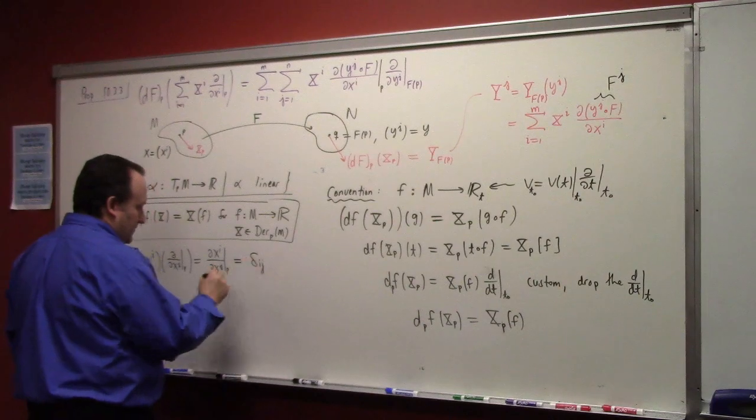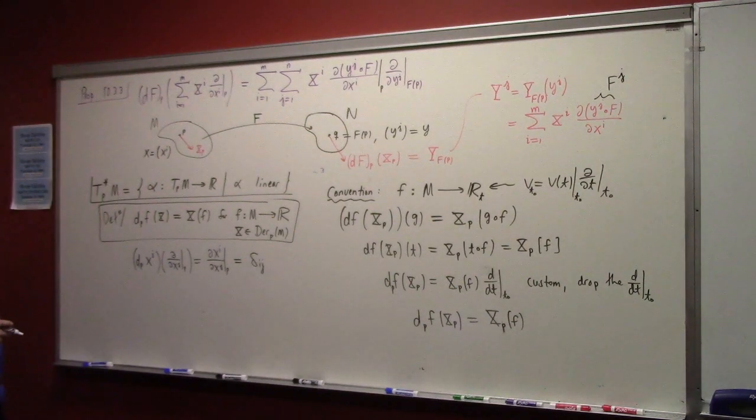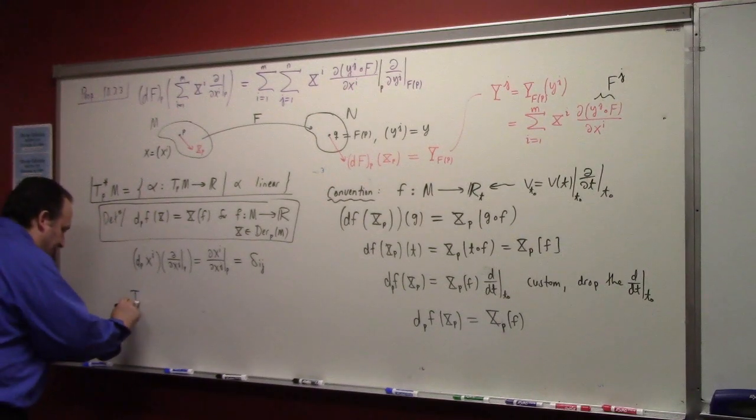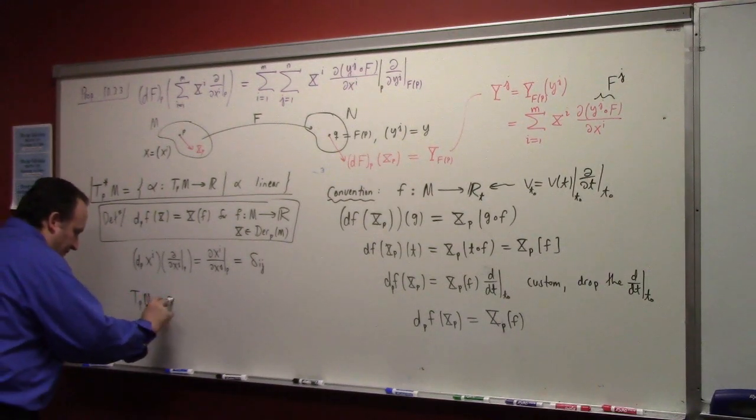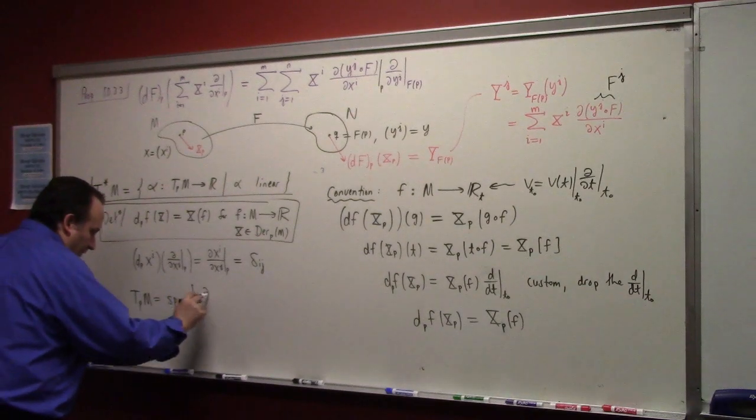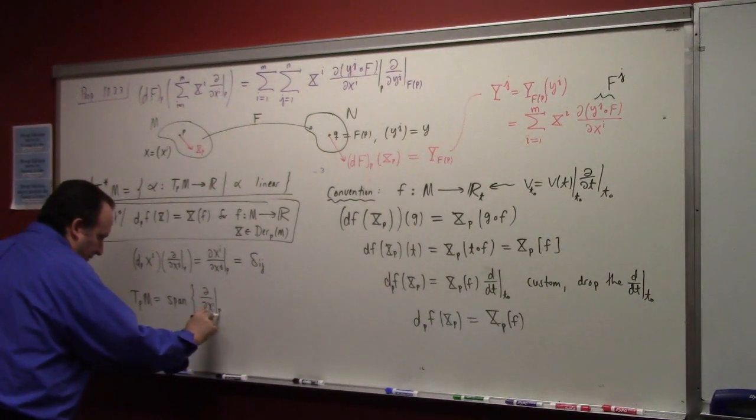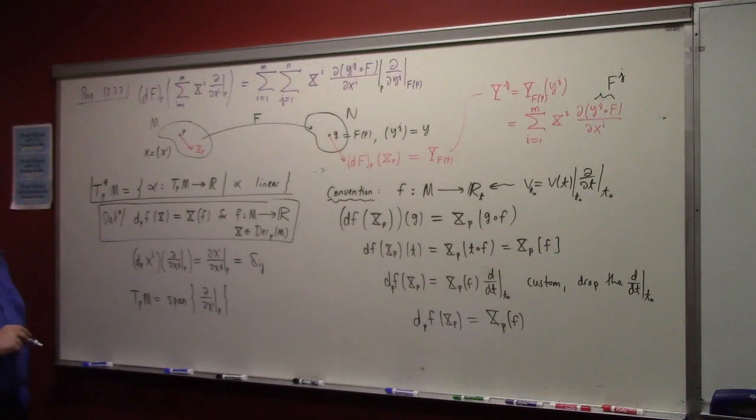So what does this show you? I don't think I emphasized it enough, but earlier today we proved that the tangent space to M at p is equal to the span of partial xi at p. That is a basis for the tangent space at p. So in view of this convention and this simple calculation built off what we did last time, we can now see that the differentials are in fact the dual basis to the partial derivatives.